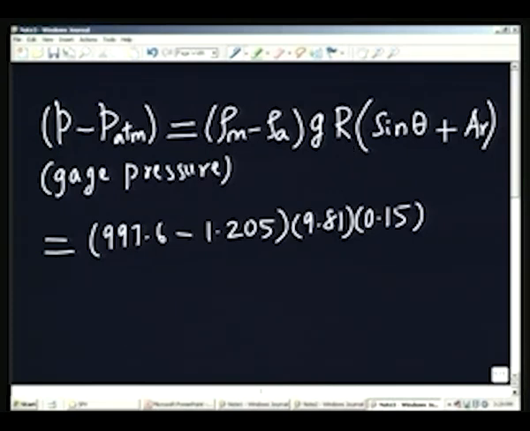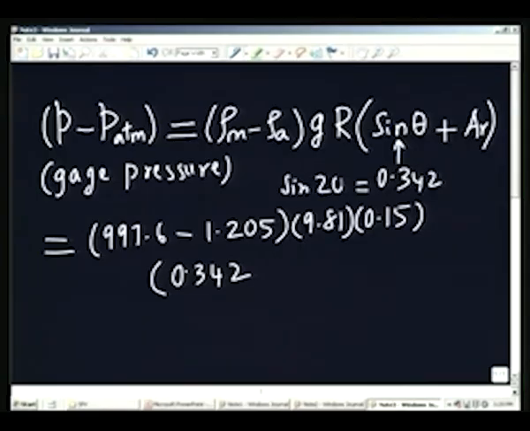That is very important. Multiplied by sine of 20 degrees. Sine of 20 degrees happens to be 0.342. So, we can make a note here that this is 0.342, which is the same as sine of 20 degrees, plus area ratio is 4 into 10 to the power of minus 4.